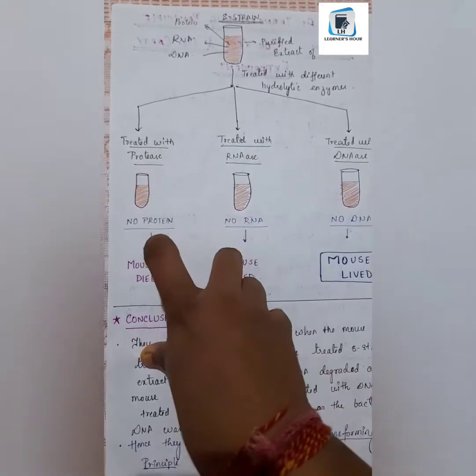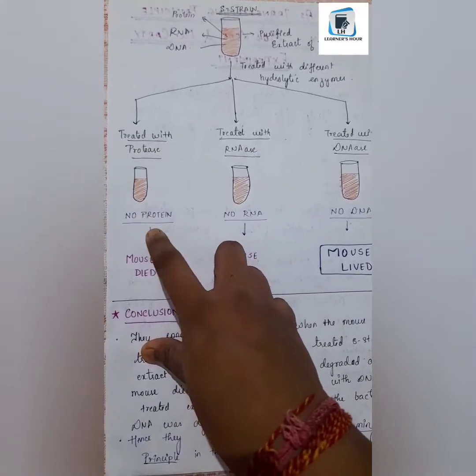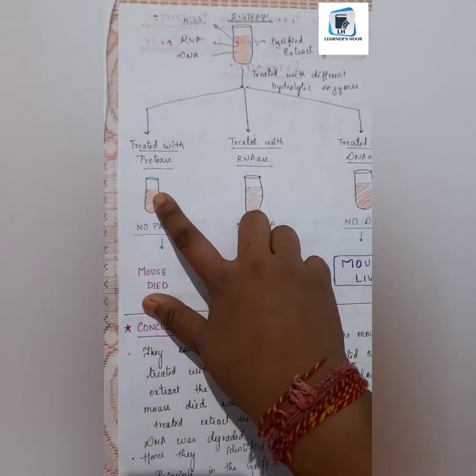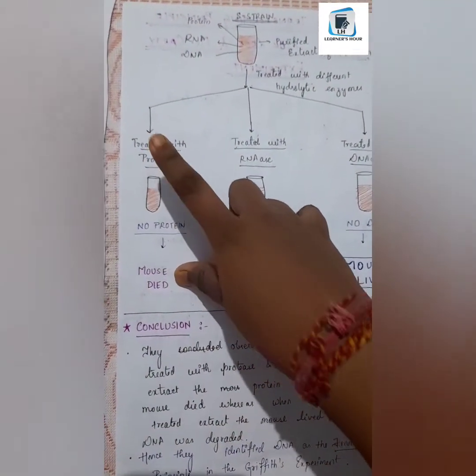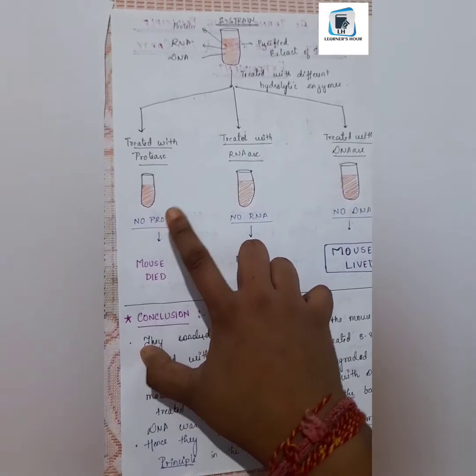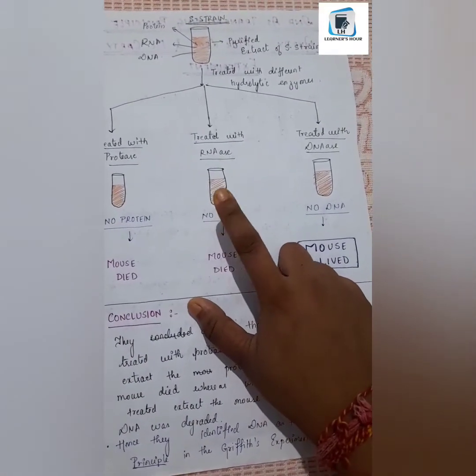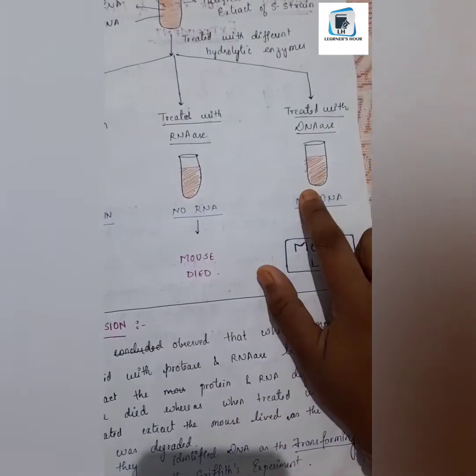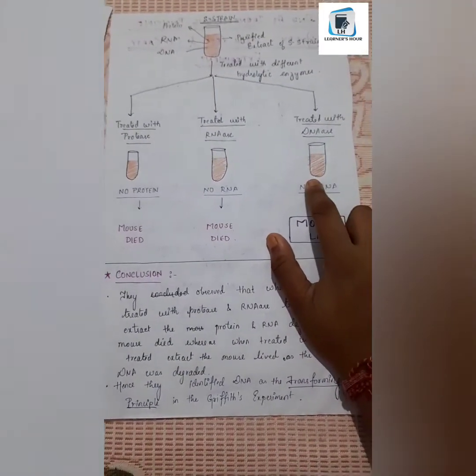This enzyme cleaves the protein chains. So as this solution is treated with the protease enzyme, the protein in this solution will be degraded. Similarly here, RNase will degrade the RNA, and here DNase will degrade the DNA.